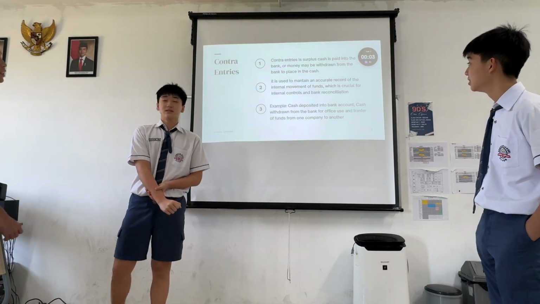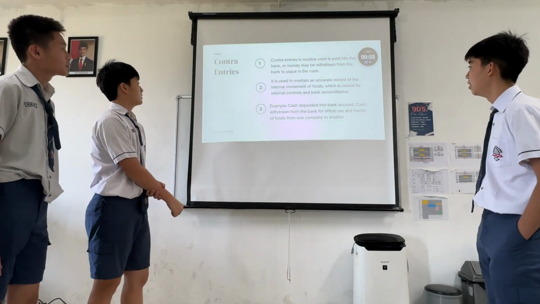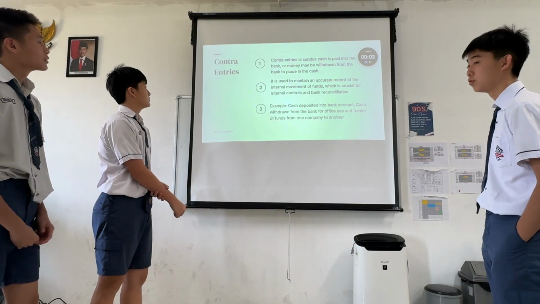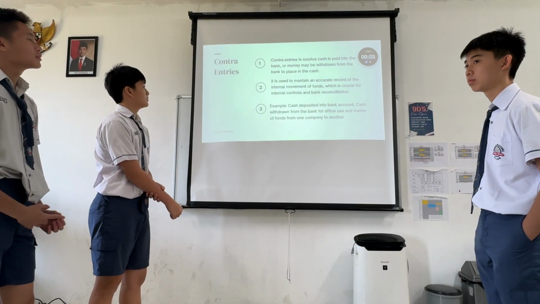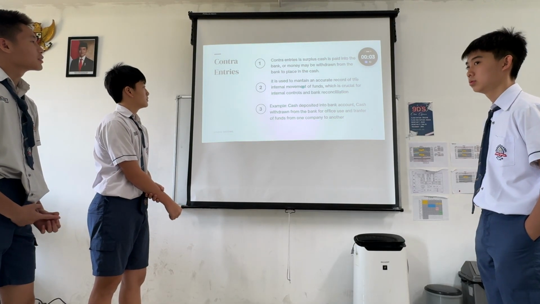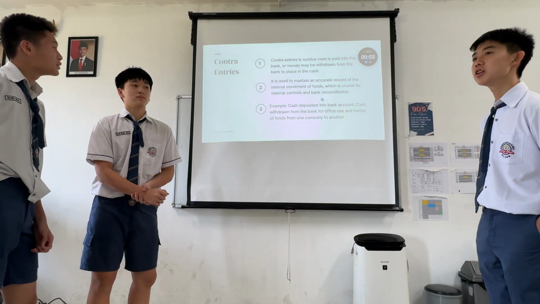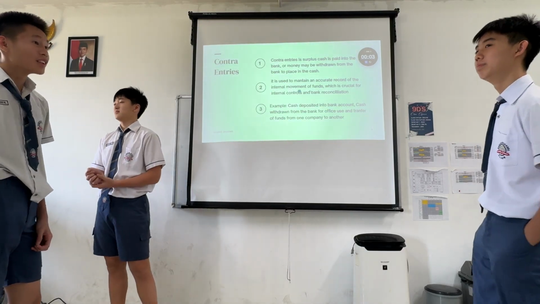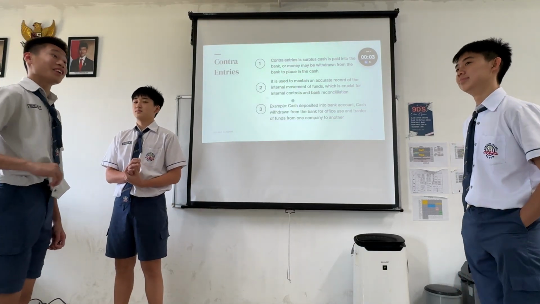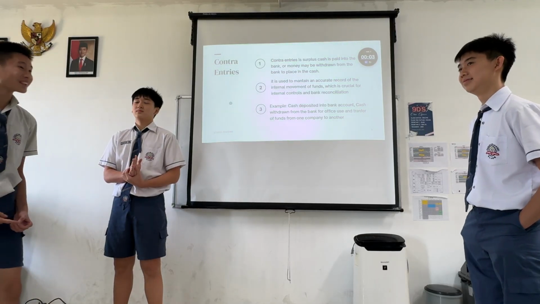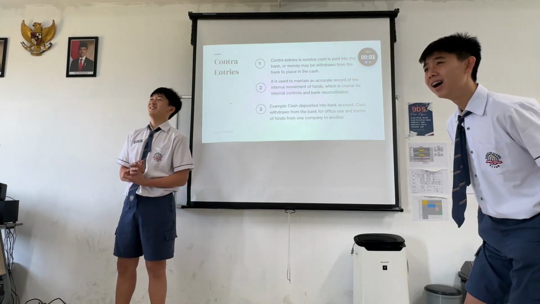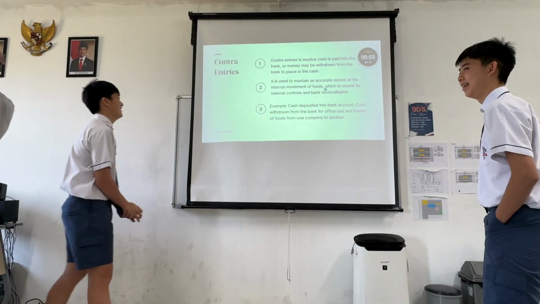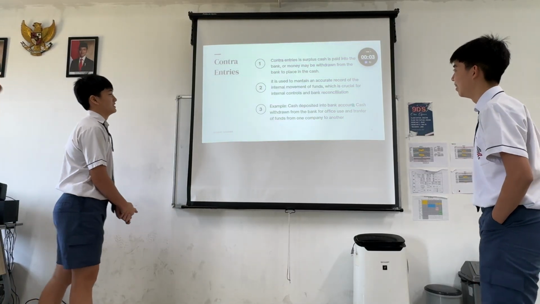It talks about contra entries being used for accurate records, but you said it's also crucial for internal controls and bank reconciliation. Can you explain the definition of that and why it's crucial?